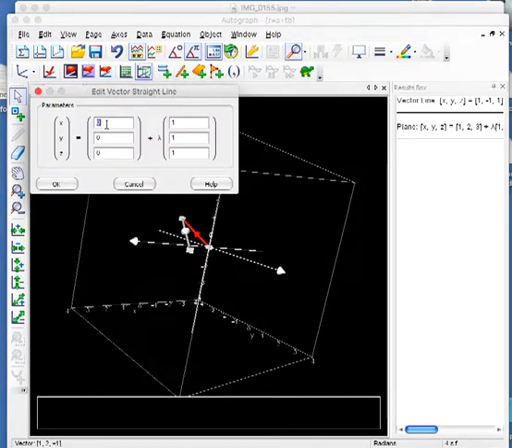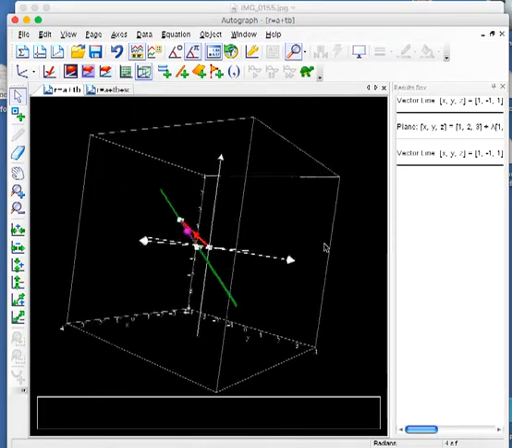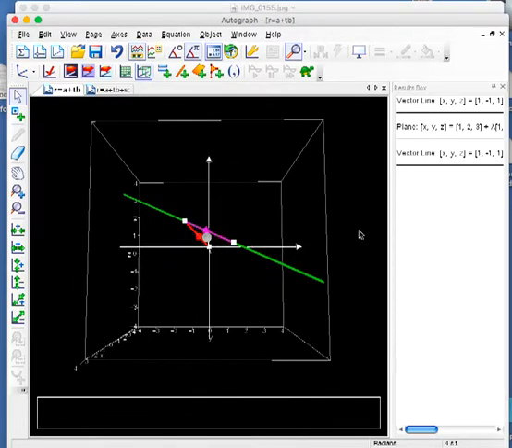So if I enter the equation of the line as (1, -1, 1) plus lambda times (1, 2, -1), what we should get is a straight line which passes through this point here and has this direction. And there we go. So there's my r = a + tb.